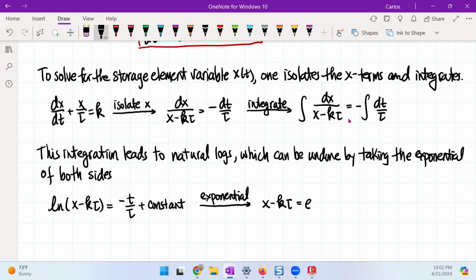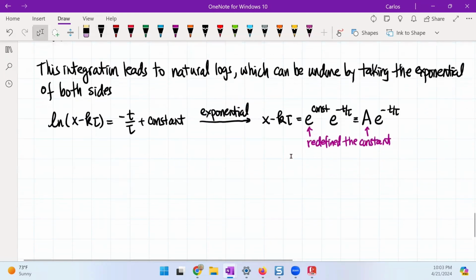So then I'm going to get e to the constant times e to the minus t over tau. And then I'm going to redefine the constant as A e to the minus t over tau. So once again, if I look at this constant and that constant, we're going to say that we have redefined the constant to read A.